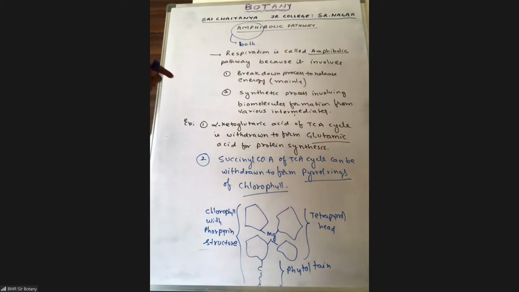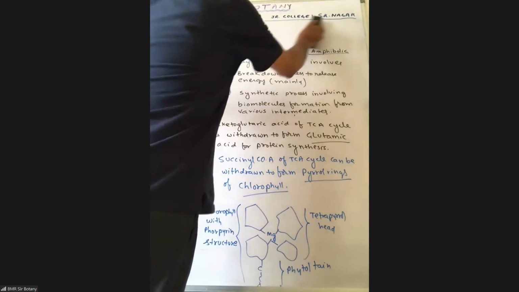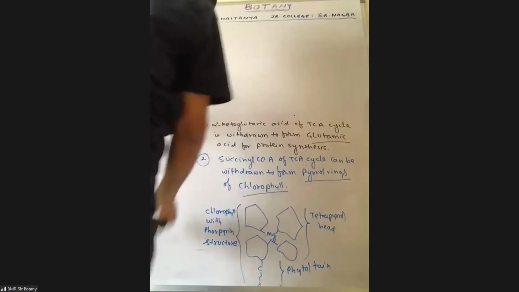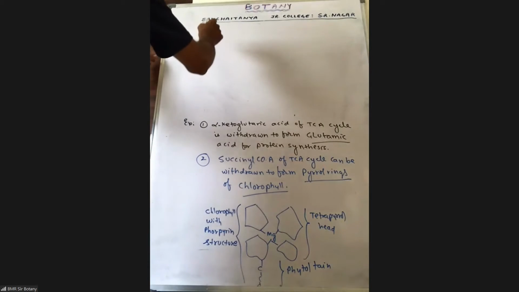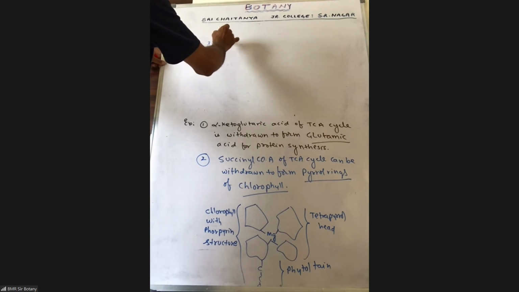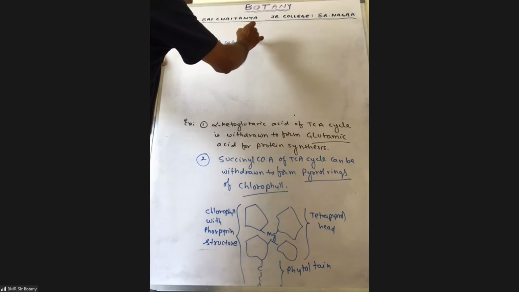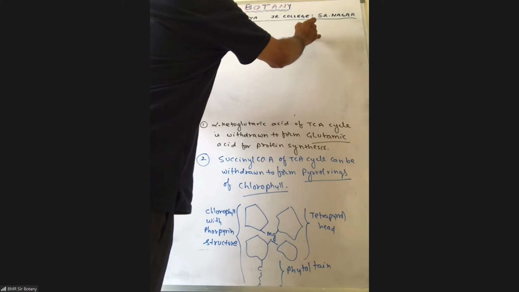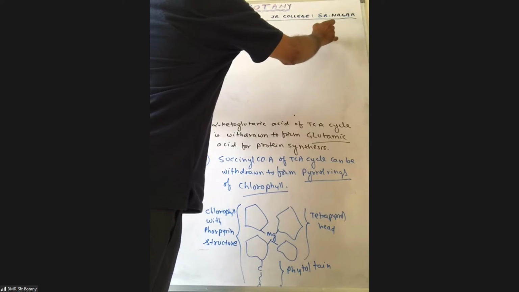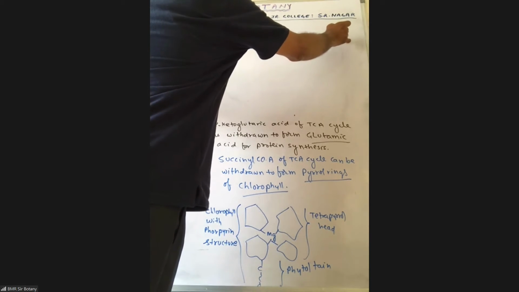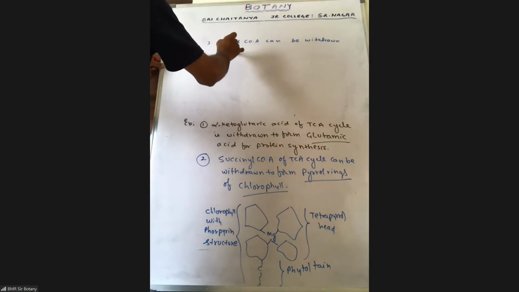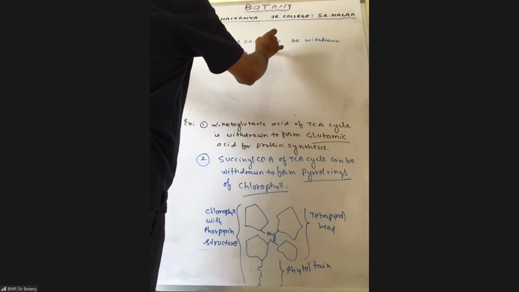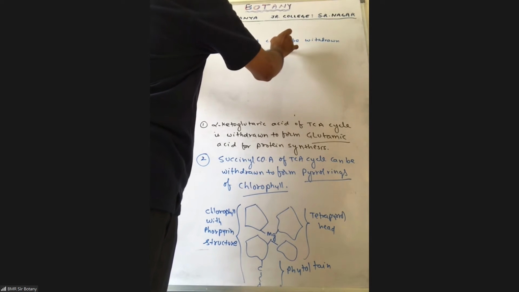So succinyl-CoA can be withdrawn, in which case we call it anabolism. Similarly, acetyl-CoA can be withdrawn to form various biomolecules which are useful to the plants.